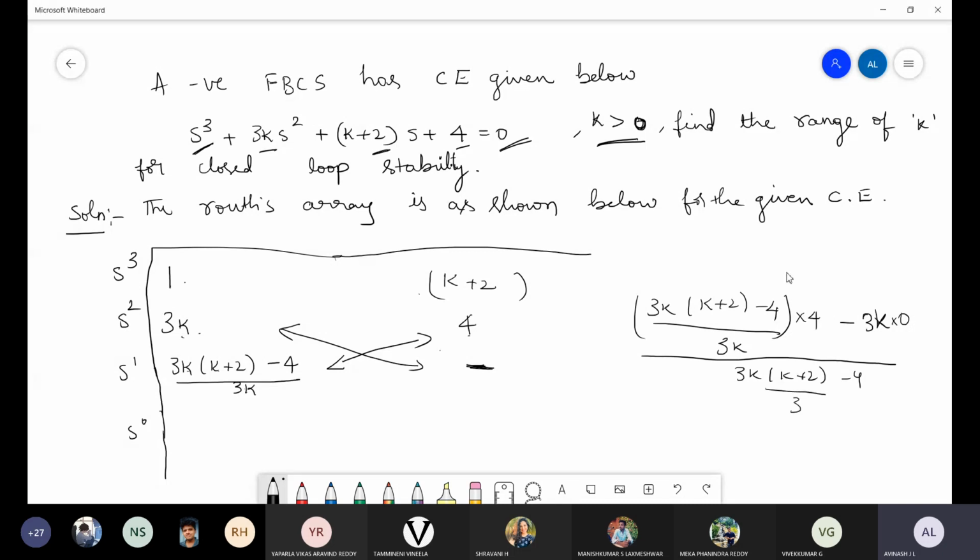Now this and this cancel. So this is equal to 0 and we are left with only 4. That is why we write 4.